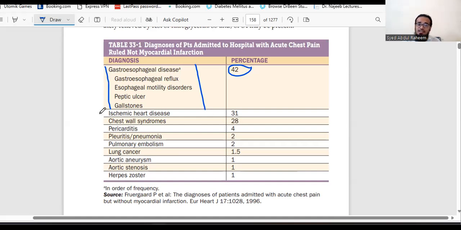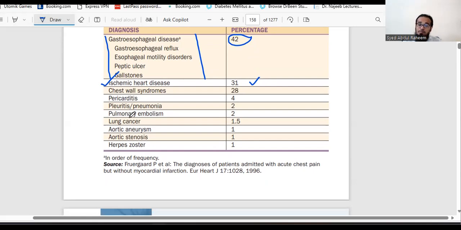And the second is due to the heart. It means that in 10 members, 3 members experience heart issues; the chest pain is due to heart issues. The other remaining members have issues such as chest wall syndrome, pericarditis, pneumonia, pulmonary embolism in the pulmonary vein or artery, lung cancer, aortic aneurysm, aortic stenosis, or herpes zoster.